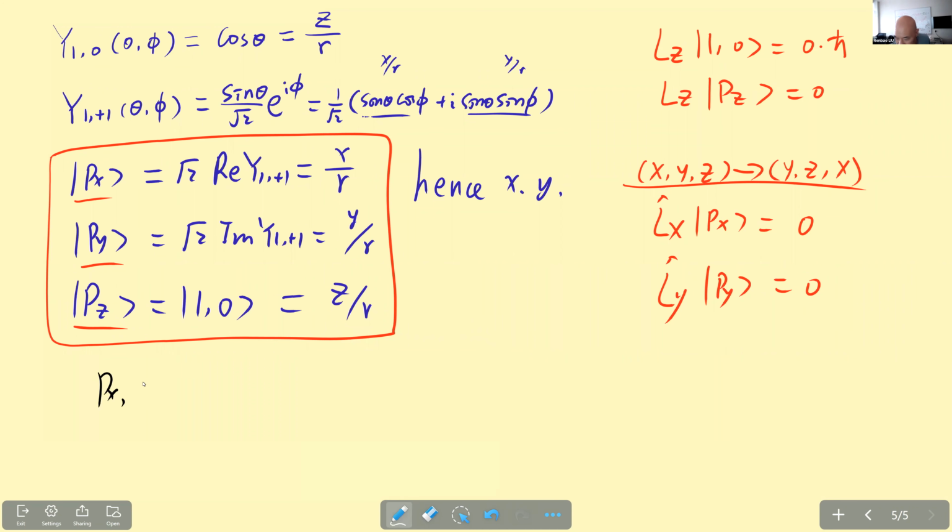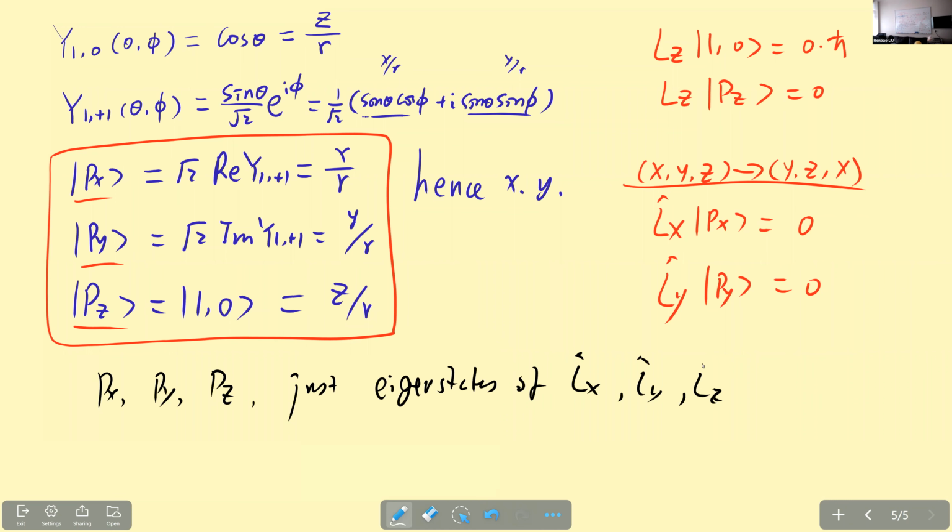So Px, Py, and Pz are just eigenstates of Lx, Ly, Lz with respective eigenvalues 0 h bar. Right, it's very interesting mathematically.